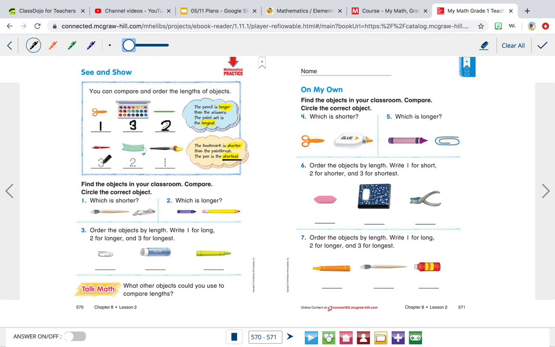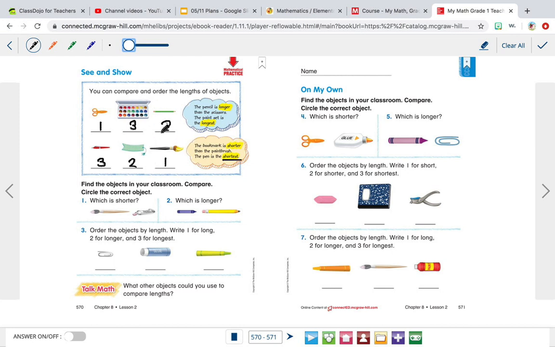So because it's saying the pen is the shortest, 3 is going to be our number right here, because it was asking for the shortest. And then it's saying the bookmark is shorter than the paintbrush. So that means the bookmark is going to be 2 because it's the second shortest. And the paintbrush is going to be 1 because it's the longest, so it's number 1.